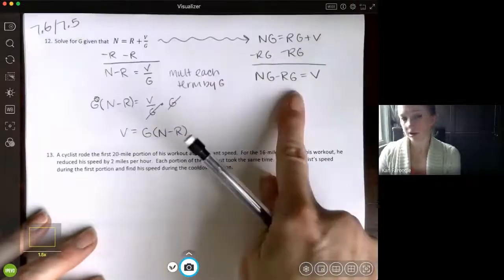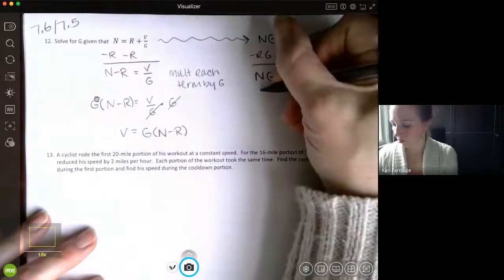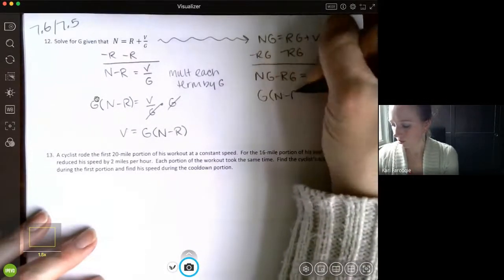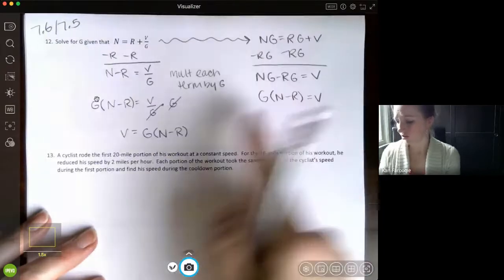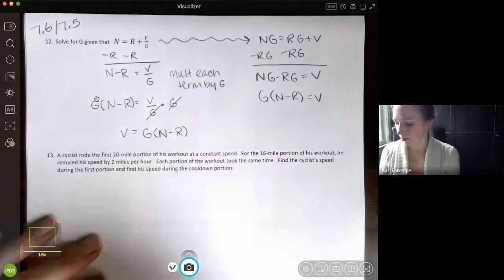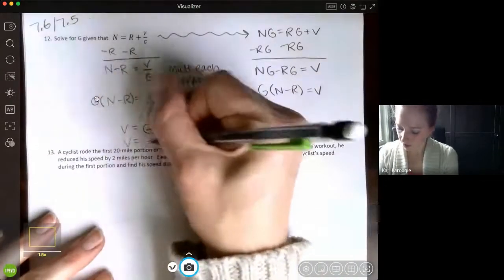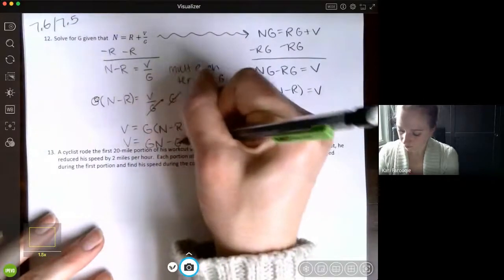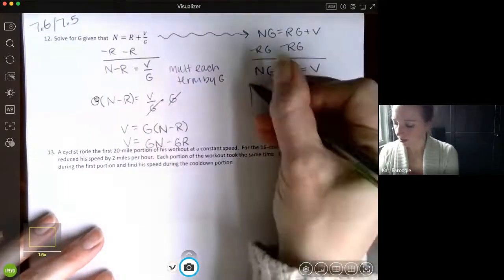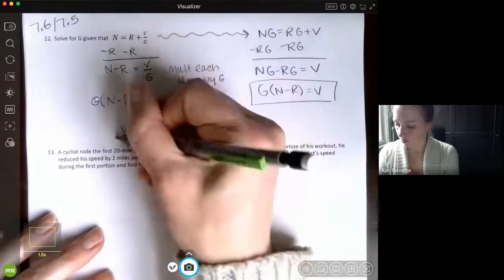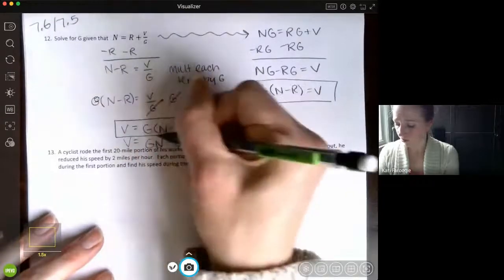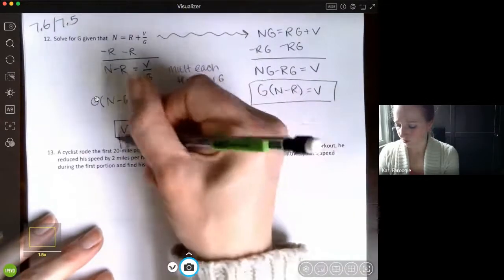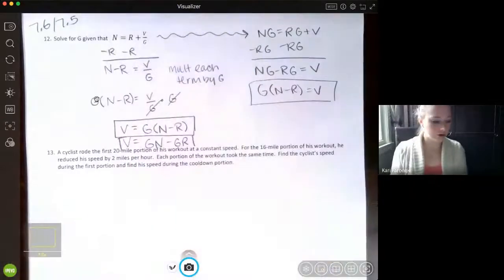And then the only way to get g by itself would be to factor it out, which actually looks exactly the same. So it kind of just depends. This could also look like that. Several different ways that you could see this. And depending, you might have even used a slightly different solution process and gotten something that looked slightly different.